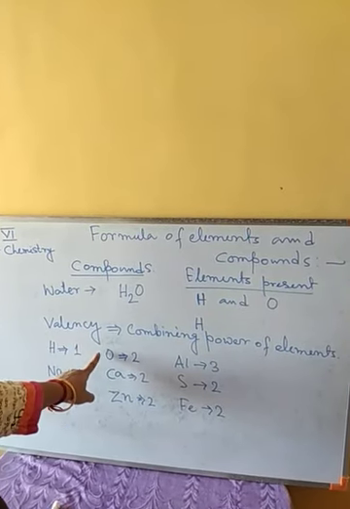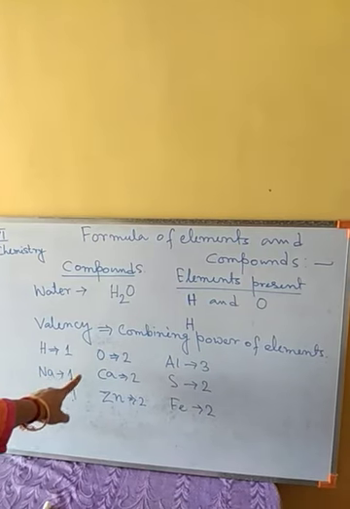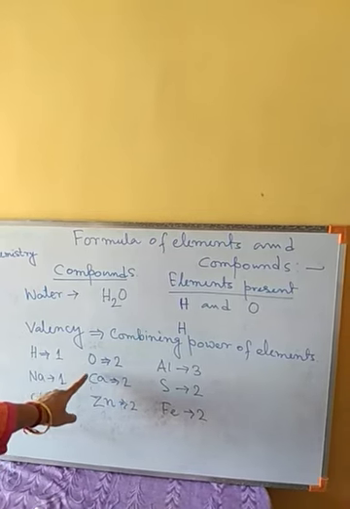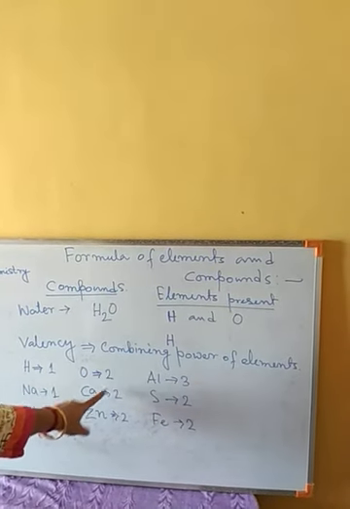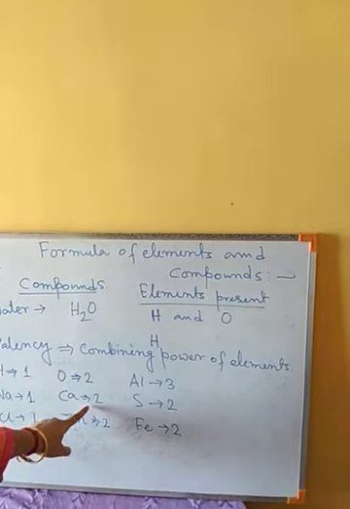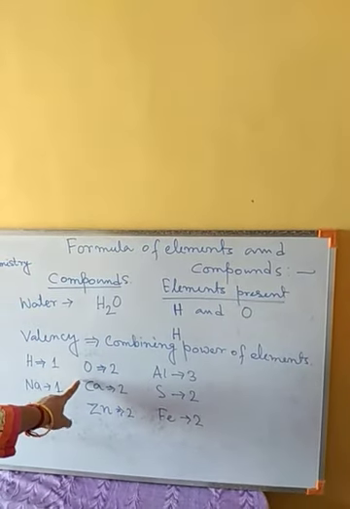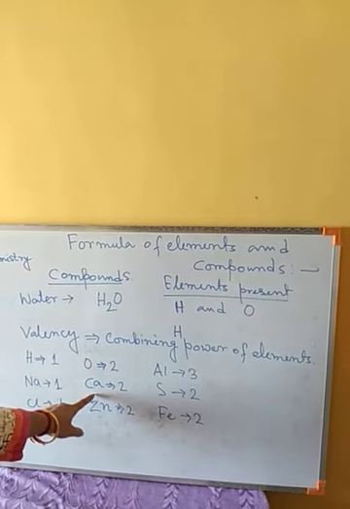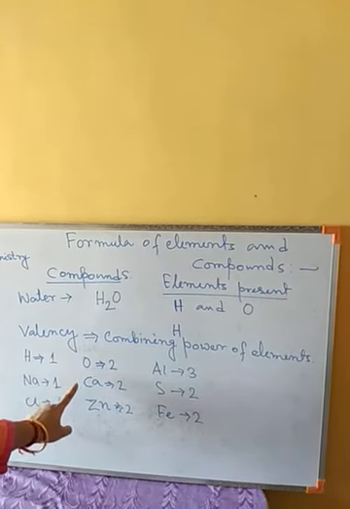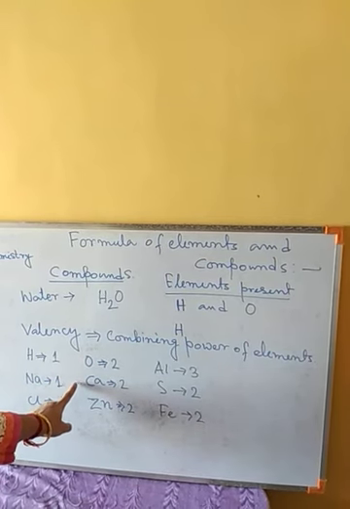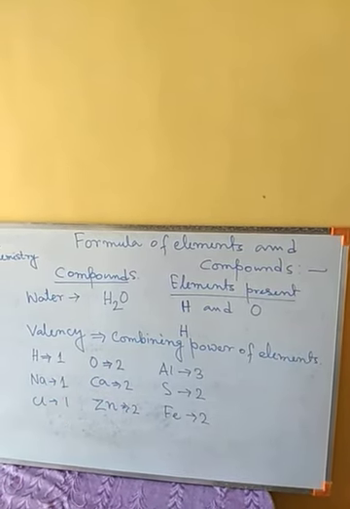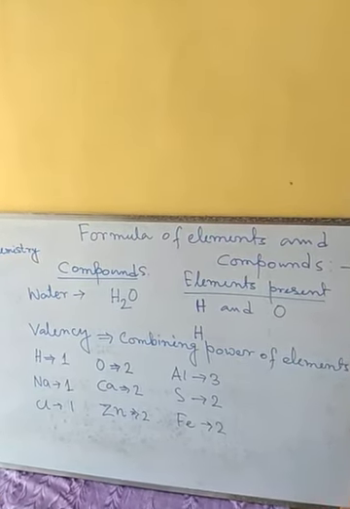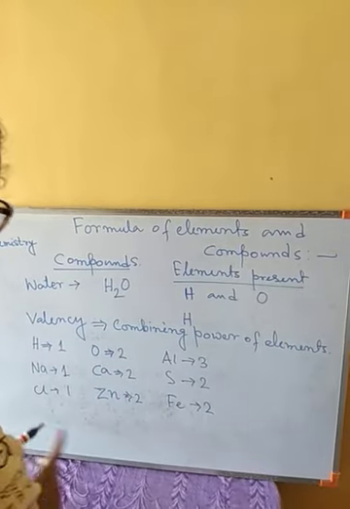But if oxygen is combining with another atom whose combining power is the same, like calcium, whose combining power is also 2, then only 1 oxygen and 1 calcium will form the compound. We are going to discuss it in detail. So these are the combining powers, and how we write.